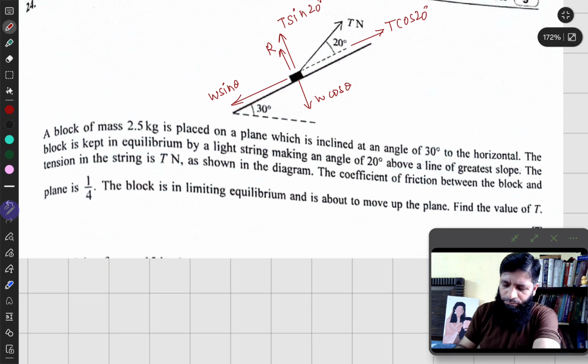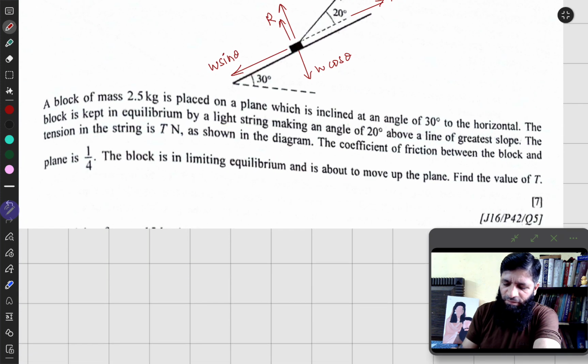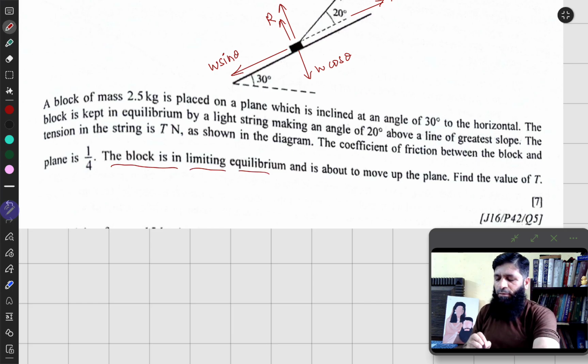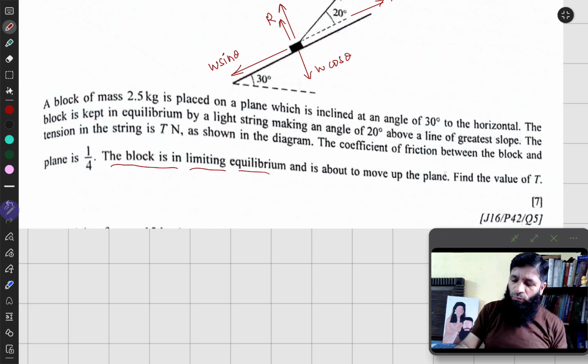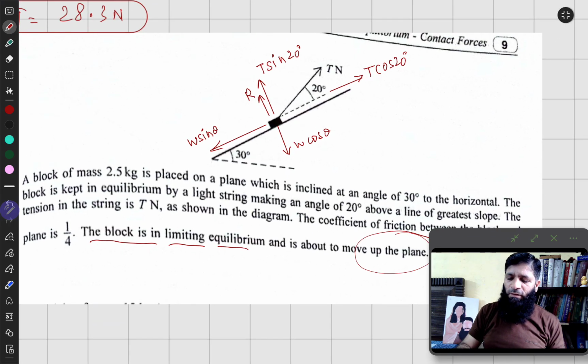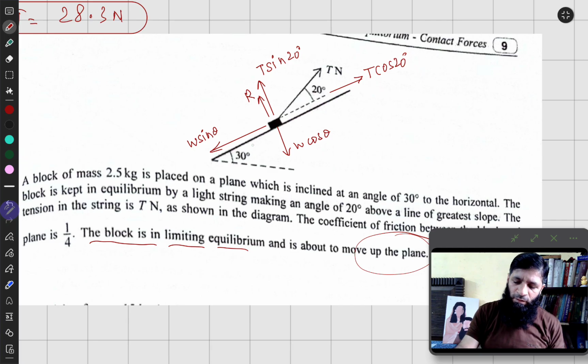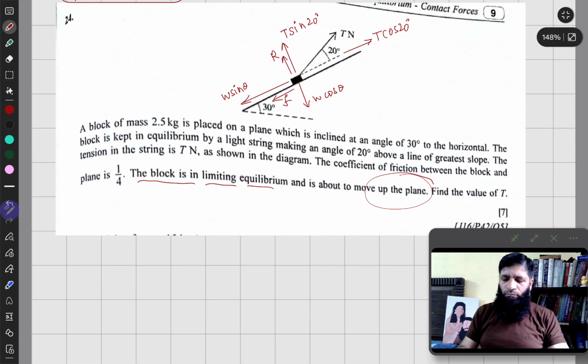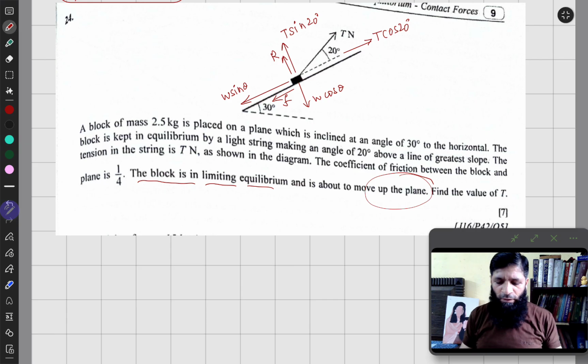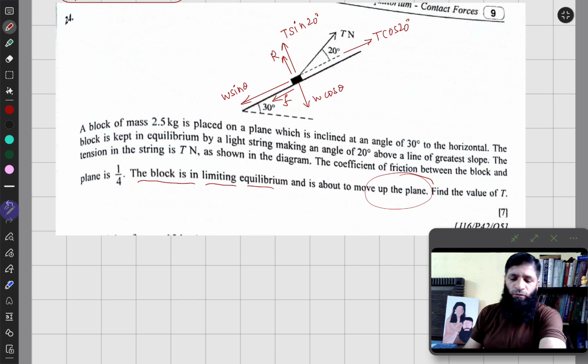You can see from the statement that the block is in limiting equilibrium. It means equilibrium is about to finish, and the object is about to move up the plane. Up the plane means the friction will be downward. So you can have two equations, one for the parallel forces and one for the perpendicular forces.